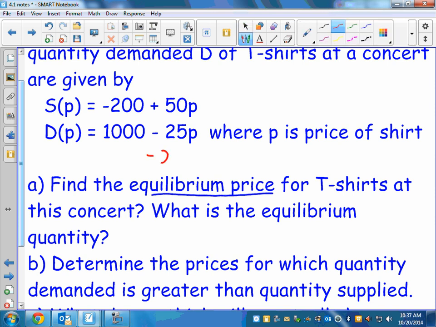So I'm going to say negative 200 plus 50p equals 1,000 minus 25p. And I'm just going to solve that equation, which means get the p's on one side, the other numbers on the other side. I'm trying to find a price here, so probably shouldn't be a negative number.